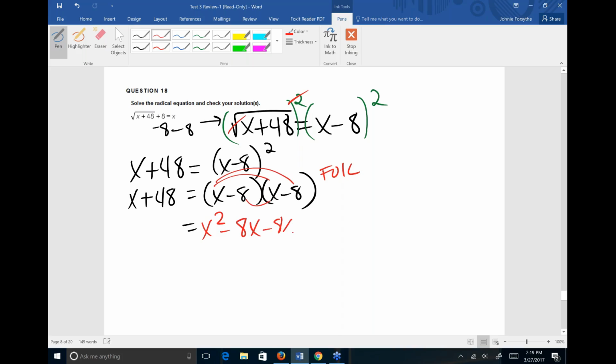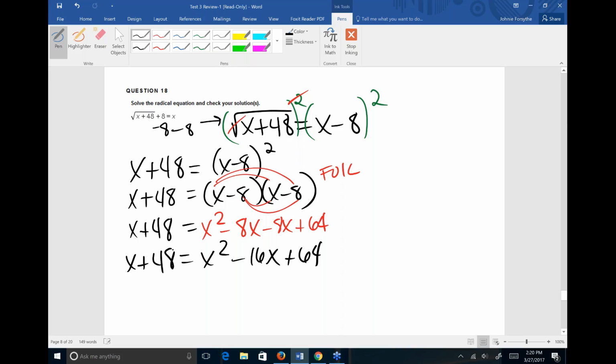Negative 8 times x is negative 8x. And negative 8 times negative 8 is positive 64. So I'm going to bring down that x plus 48 so I'm ready to deal with it. Now I have negative 8x minus 8x is negative 16x. I'm going to bring down the rest of my right side of the equation and write down the left.